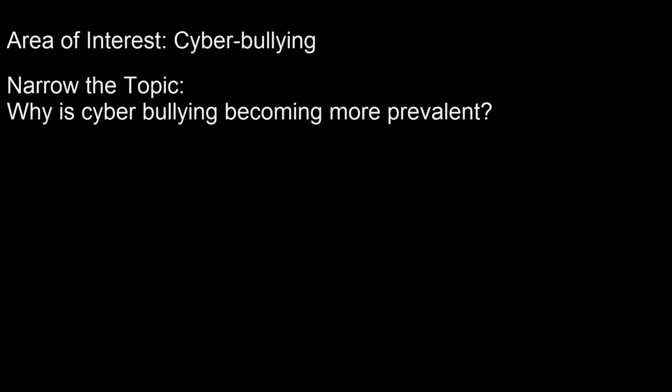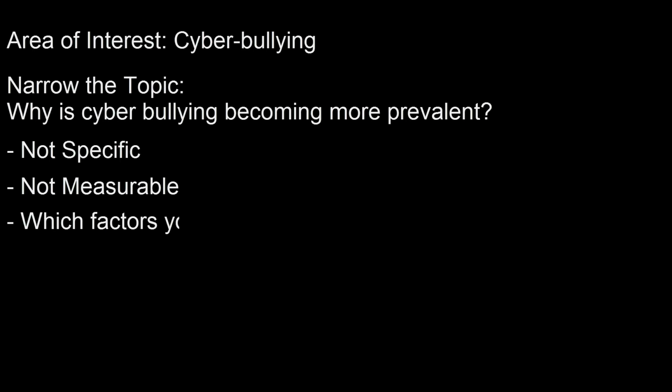Now here we see that it is not specific. It is becoming prevalent, we know, but it's not specific. The second thing is it's not measurable. It is becoming prevalent, fine, but what do you actually want to measure and why?